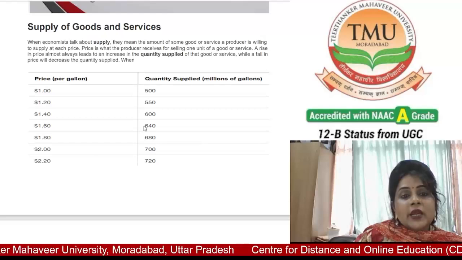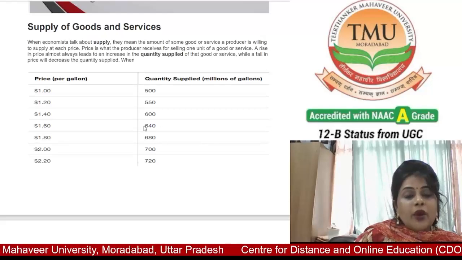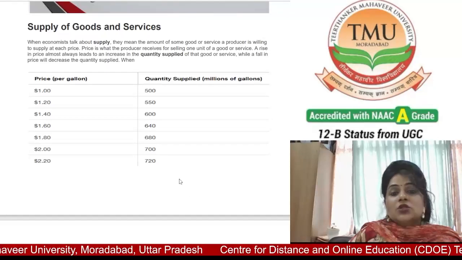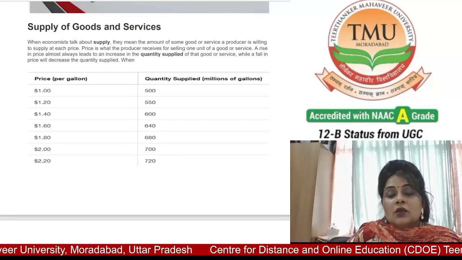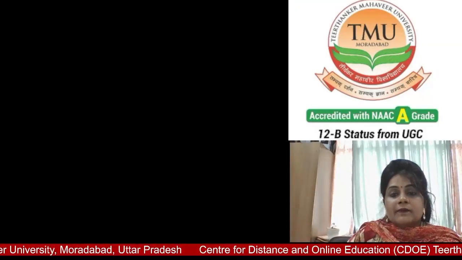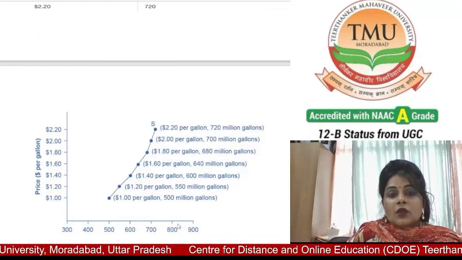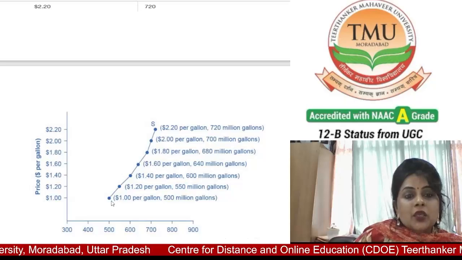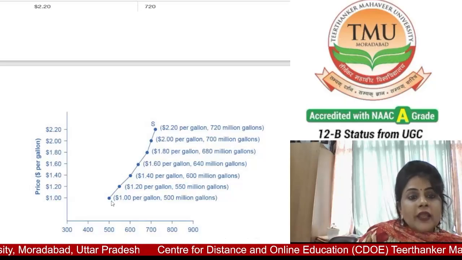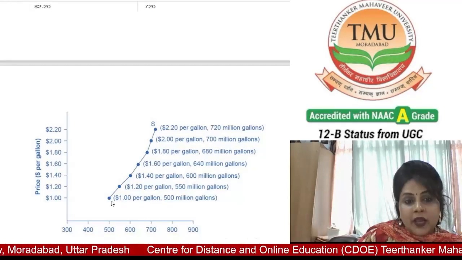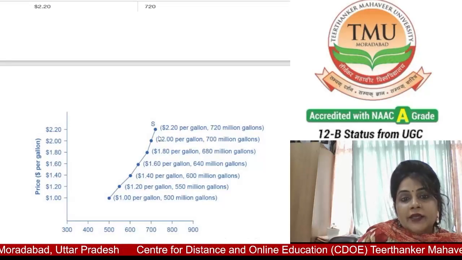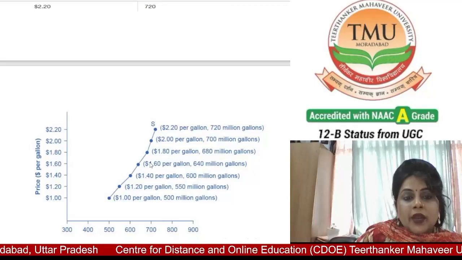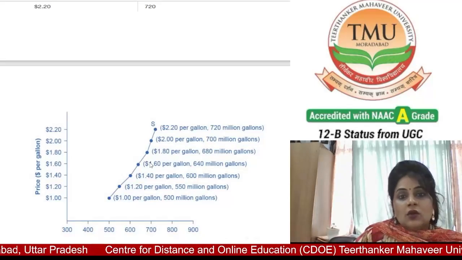The supply curve is created by graphing the points from the supply schedule and then connecting them. You see that upward sloping supply curve illustrates the law of supply. That is, a higher price leads to a higher quantity supplied, and vice versa.